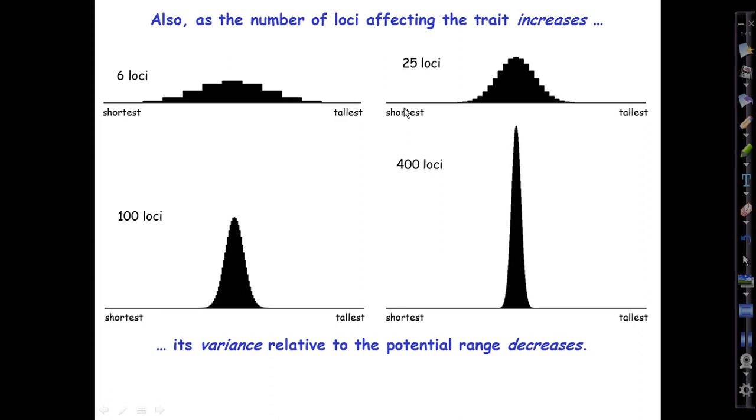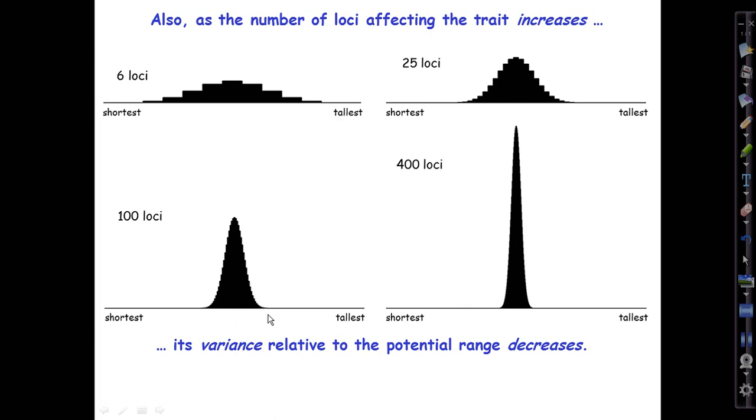You simply don't see the shortest or near shortest or the tallest or near tallest individuals, and the range of variation relative to this maximum possible is much smaller. Increase by a factor of 4 again, you basically cut the standard deviation in half, and the variance even more.